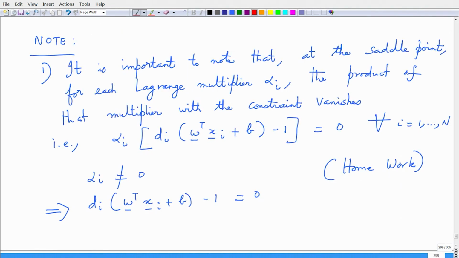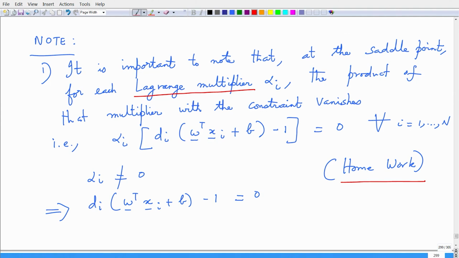One important note is the following, and I will leave this intentionally as part of the homework exercise. It is important to note that at the saddle point, for each Lagrange multiplier alpha I, this quantity alpha I times di times (W transpose xi plus b minus 1) is equal to 0 for all I equals 1 to n.